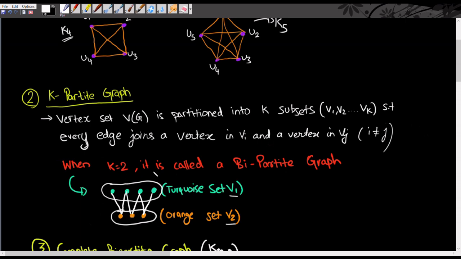So this is a k-partite graph. Here we have divided our vertex set into two parts, and since k is 2, this is called a bipartite graph. Similarly, you can divide into many different partitions, not necessarily 2, but this is an example for when k is 2, and it is called a bipartite graph.